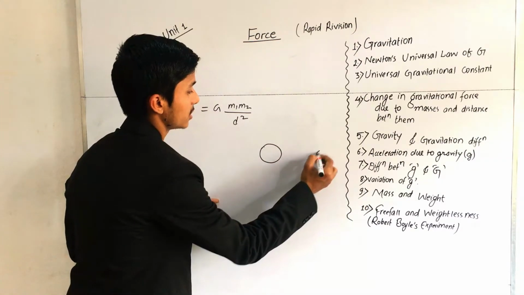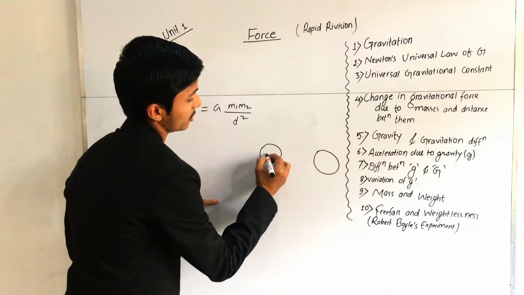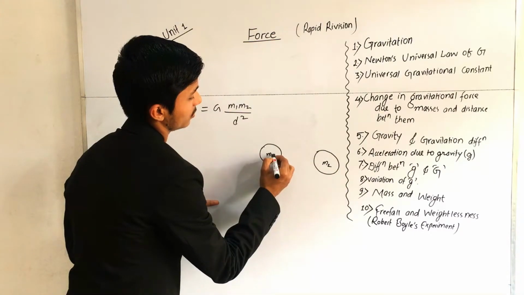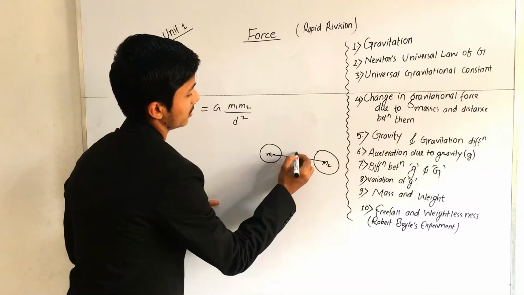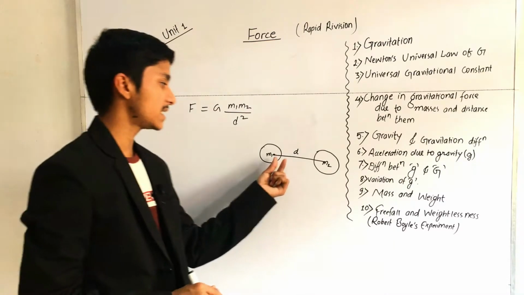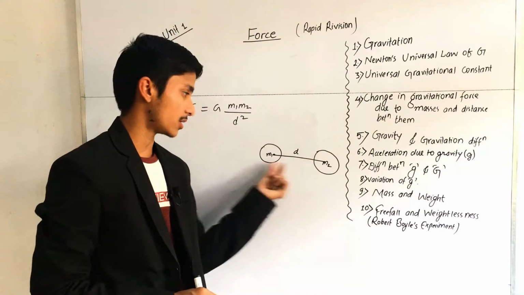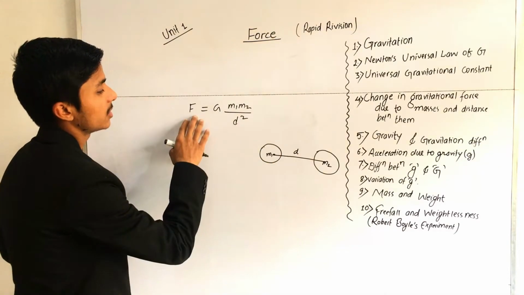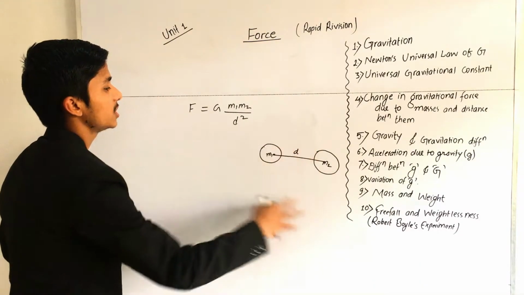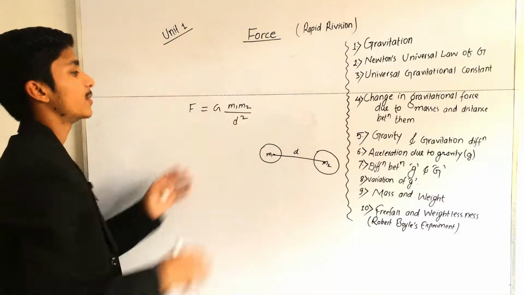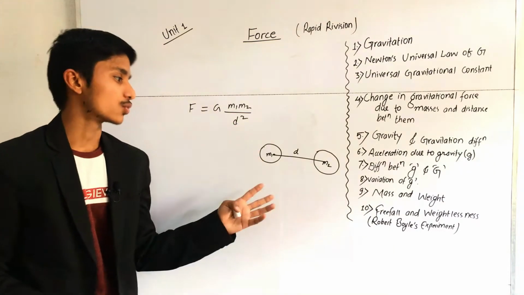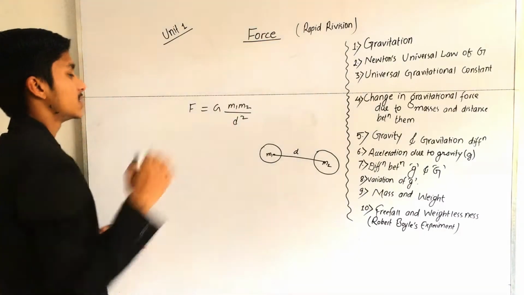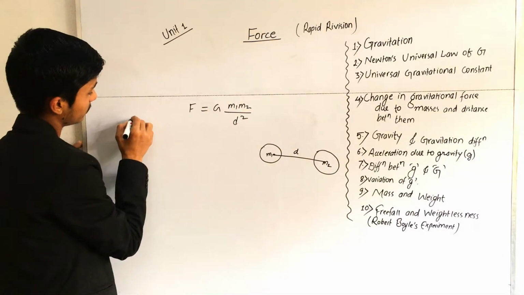Suppose these are objects having masses m1 and m2, and the distance between them is d. Remember, distance is always taken from the center. So for these two bodies, F is equal to capital G m1 m2 by d square. Now we are going to see what will be the change in gravitational force.